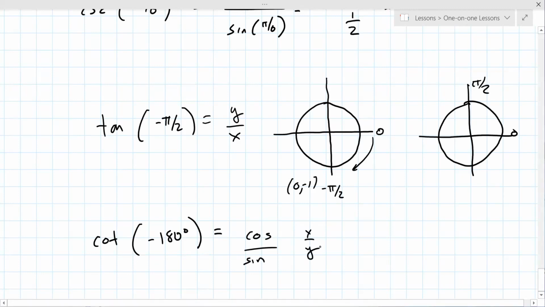So that's -1, 0. What's the x value at this place, minus 180? -1. And what's the y value? 0. Oh, it's undefined, sorry.